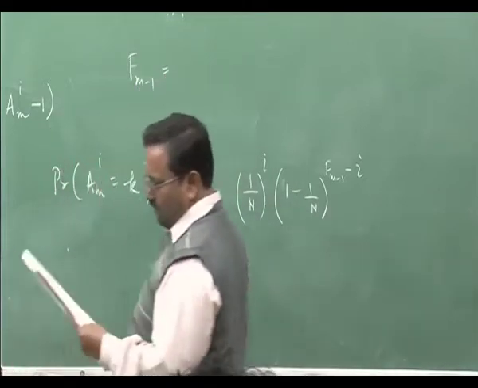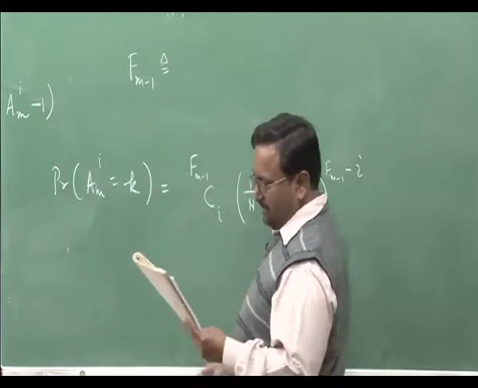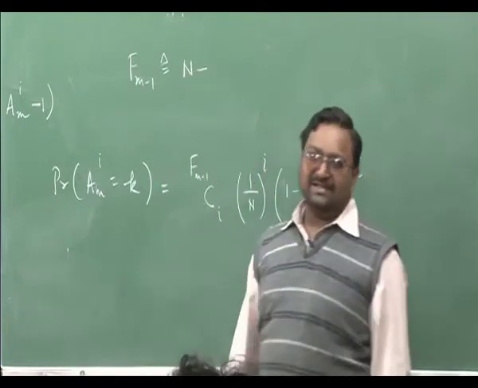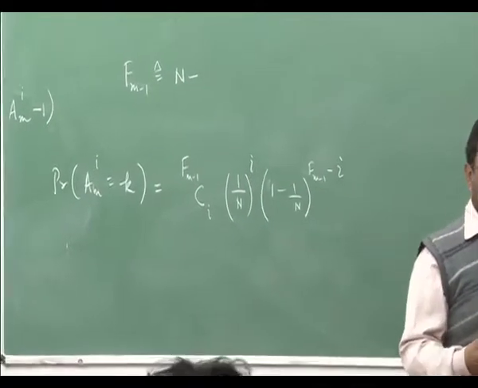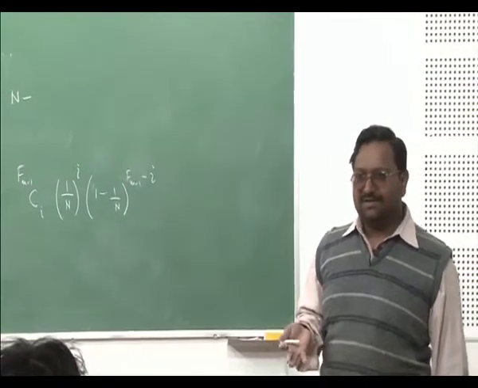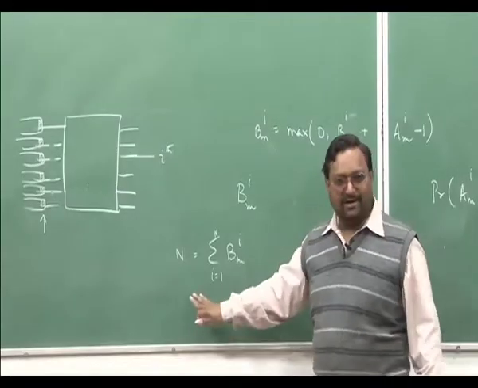Now, what is this FM minus 1? By definition, whatever are the blocked queues, I sum up all of them for each outgoing port. This value, in the worst case, will be equal to n.